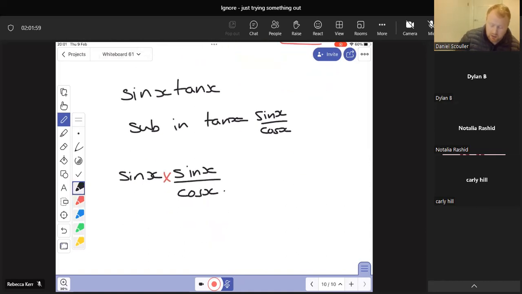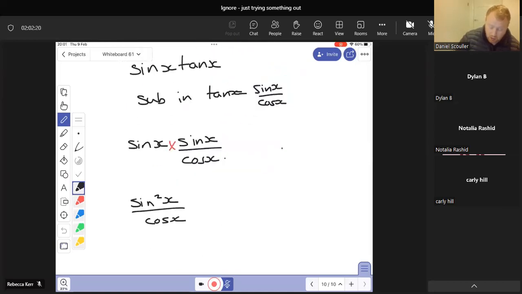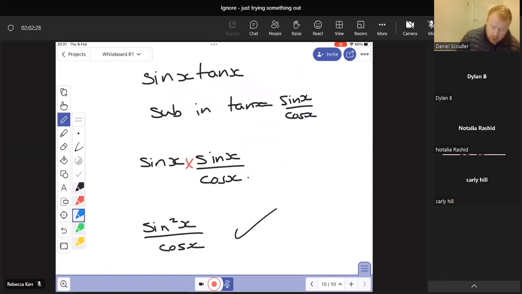If I've got sin x multiplied by sin x, that's going to give me sin x squared. I can write that over cos x, which is exactly where I want to be. So that's all I've done. That's proved that. So I've showed that using the relationship tan x equals sine x over cos x, sine x times tan x can equal sine squared x over cos x.